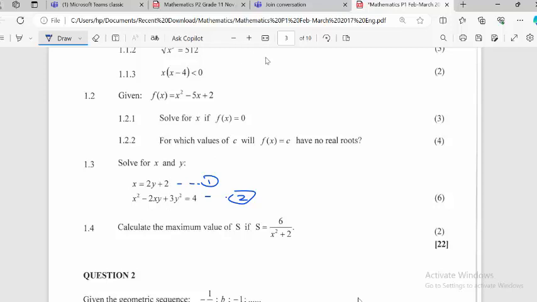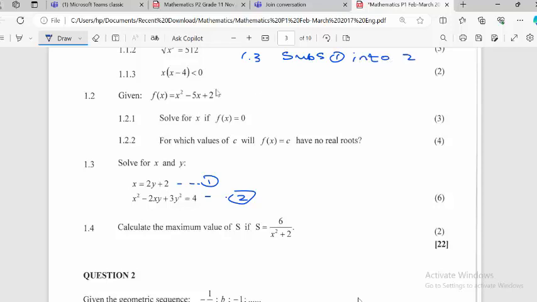What happens is, like I said, this variable is equal to this binomial here. So you are going to say, okay, this is 1 and 3 again. Substitute 1 into 2.